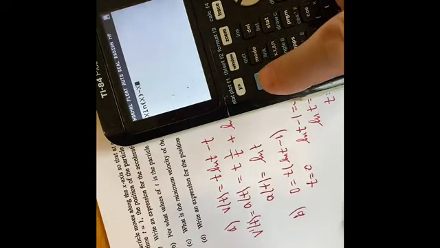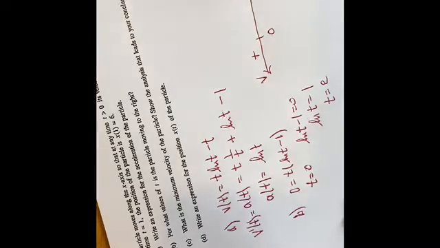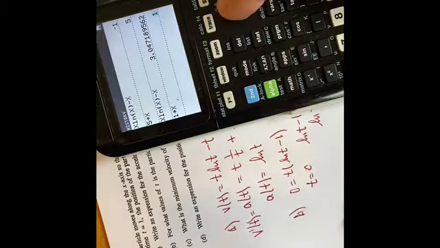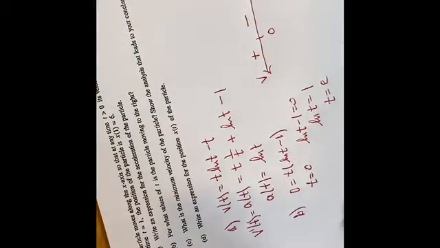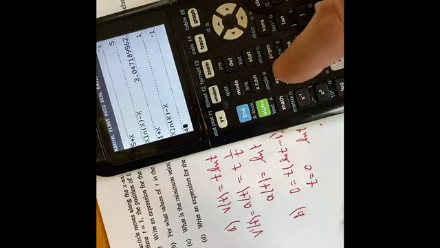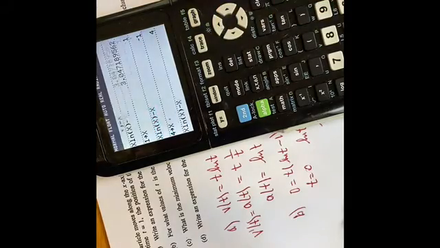Is that right? And then let's plug 5 into that. Get a positive, yeah. And then in between 0 and e, like 1, get a negative. And then after e, like 4, positive.